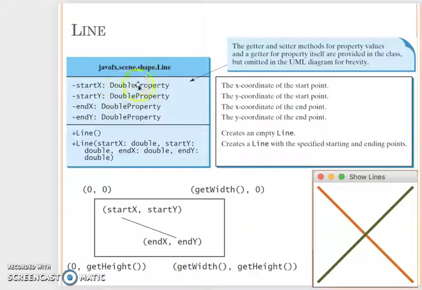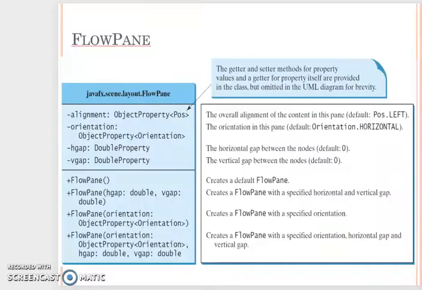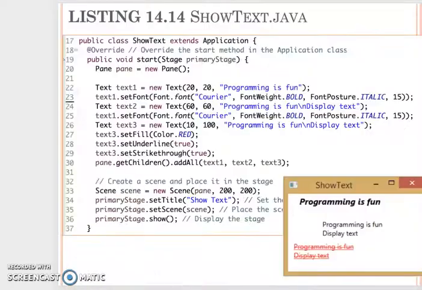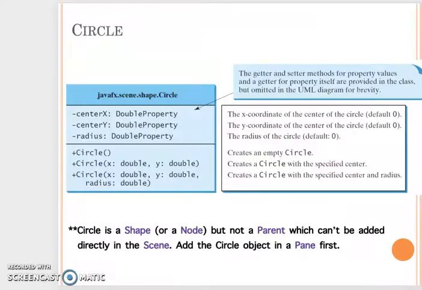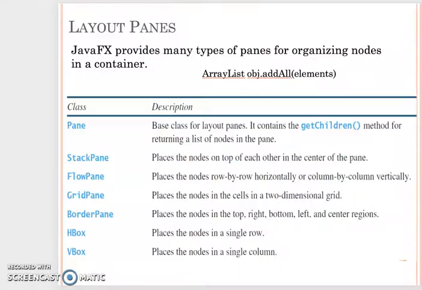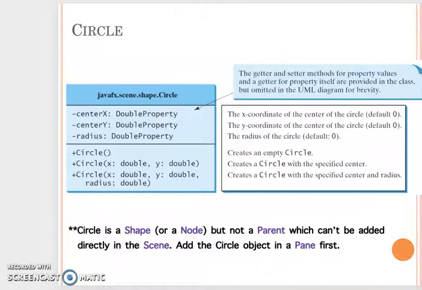They use double property. Not only for line; if you go back to the circle we showed earlier, you have the center X and Y and the radius. But in the UML diagram, again, the center X and Y and the radius are double properties.